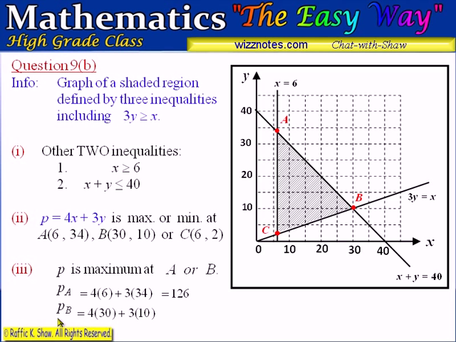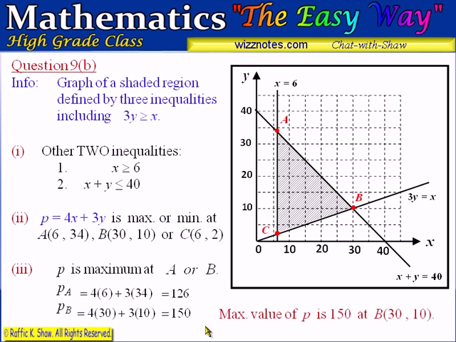So P at B would be 4 times 30 plus 3 times 10, and when we do that calculation, the result is 150. Therefore, B is the point where we would have our maximum value of P, and that maximum value is 150.